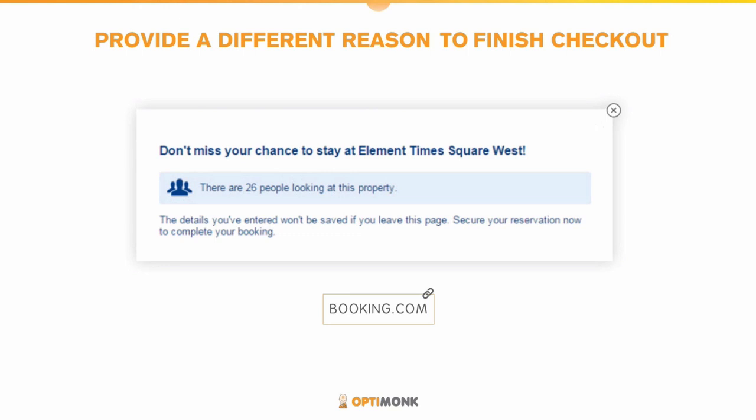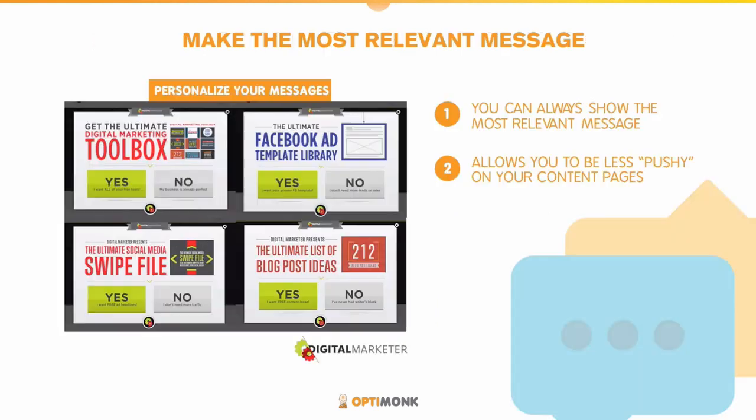This on-site retargeting works the best if you offer each and every visitor the most relevant offer, if you personalize your messages to each and every visitor. For example, a digital marketer uses on-site retargeting so that if someone is reading a Facebook-related article, then they will display the ultimate Facebook ad template library.